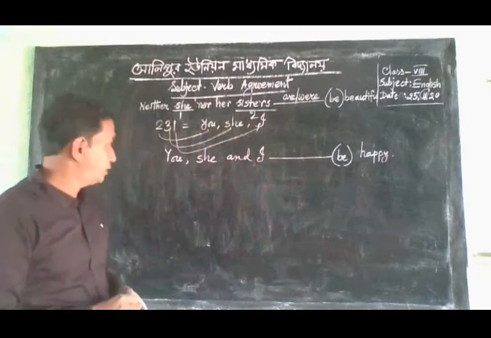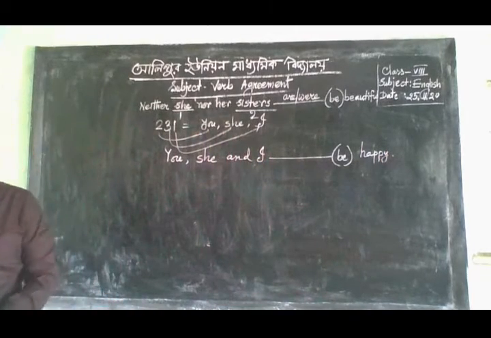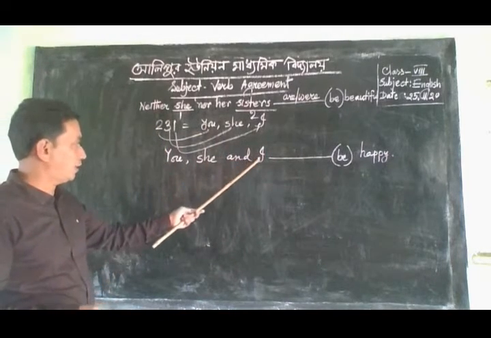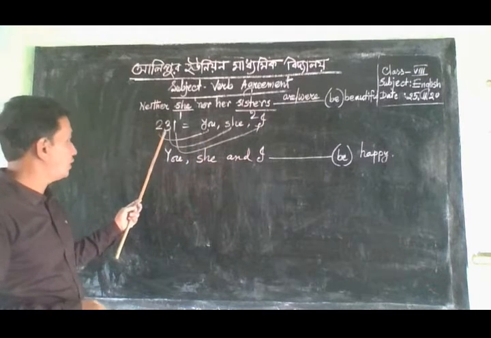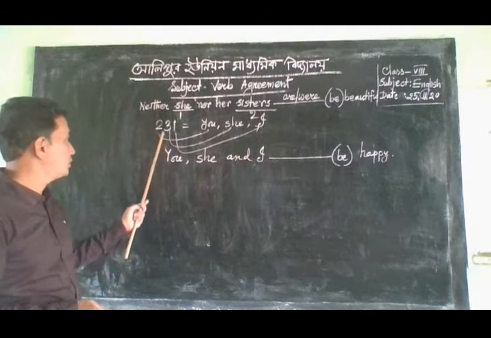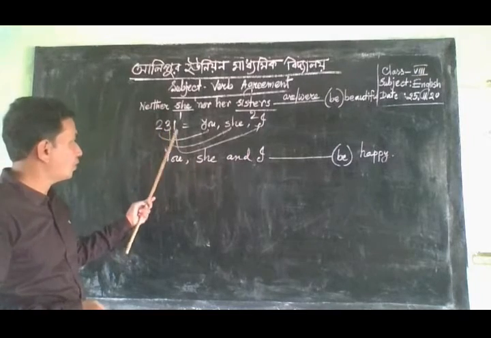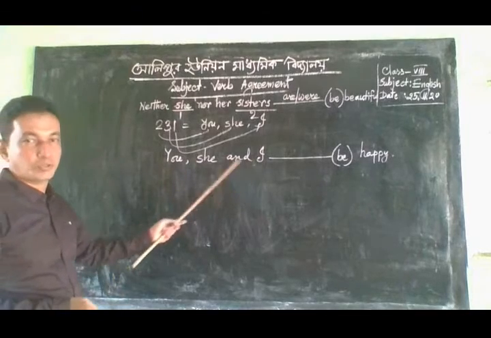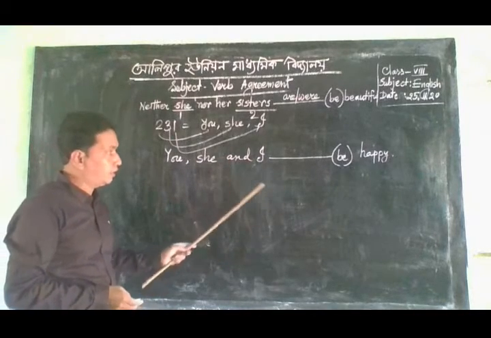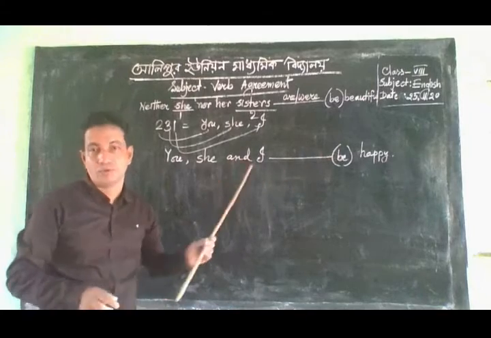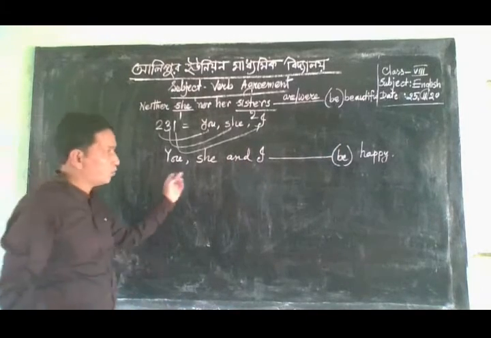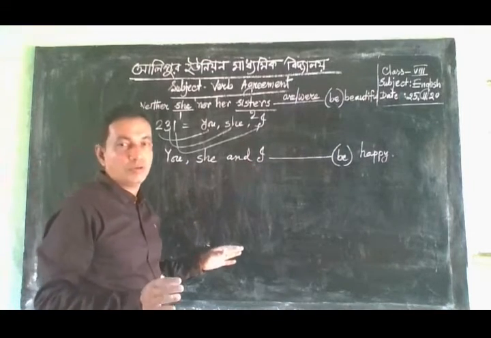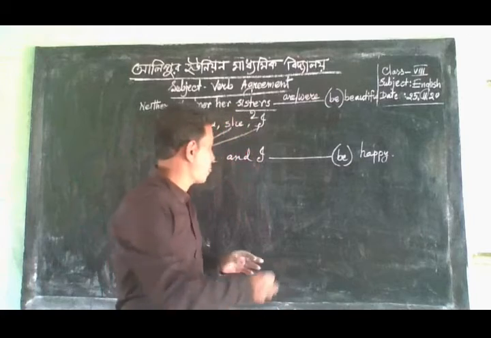Dear learners, look at the example. I have written here you, she, and I because our rule is 231. 2 means you, 3 means she, and 1 means I. So the three subjects should be written in this way, and their verb must be plural because they are plural in number.